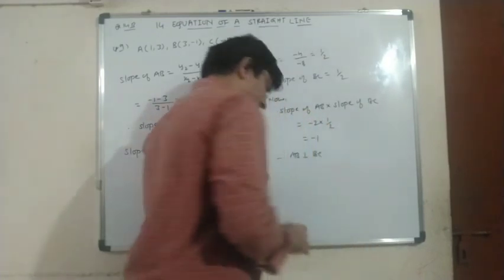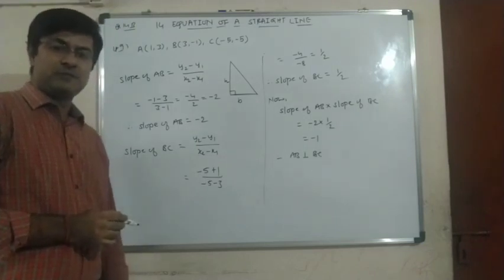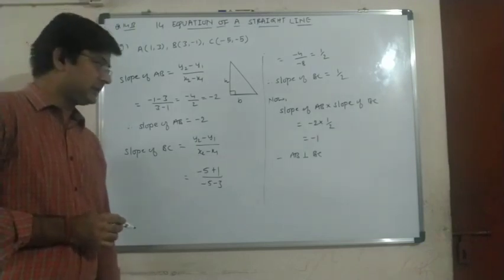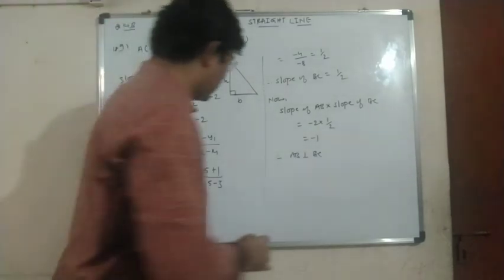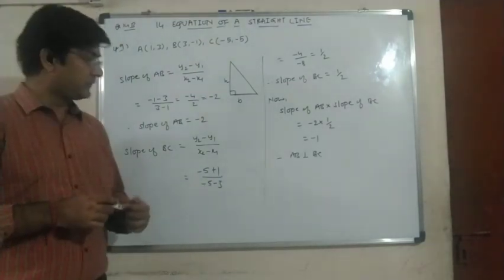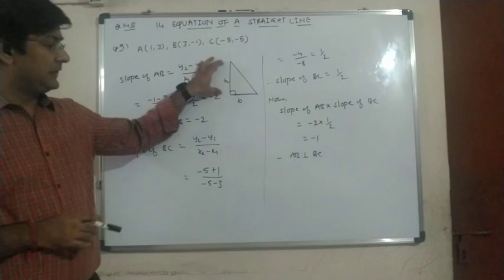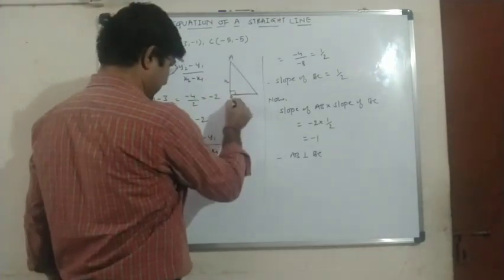Yes or no? Clear? Because we know that if the product of the slopes of two lines is equal to -1, then the two lines are perpendicular. Clear? So we came to know that AB and BC are two perpendicular sides.